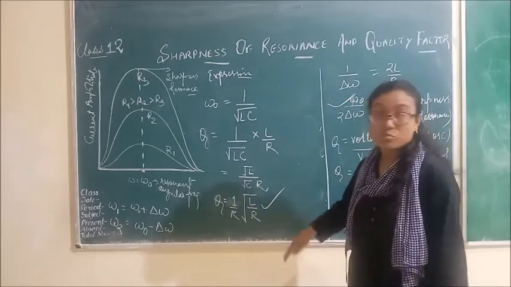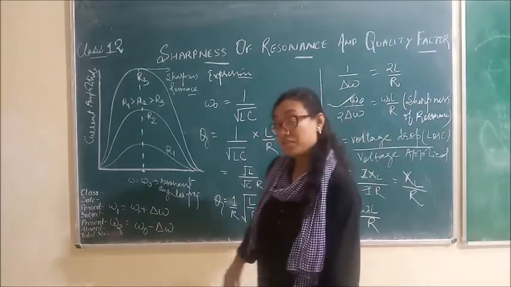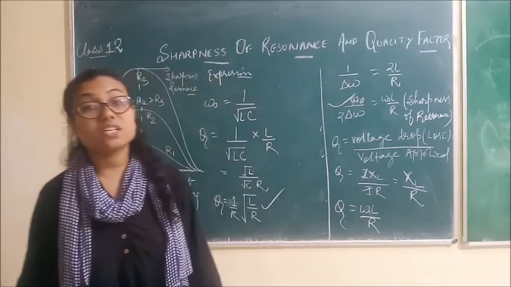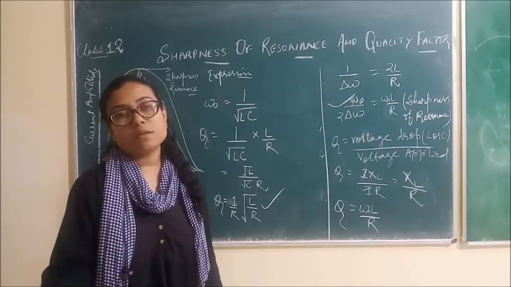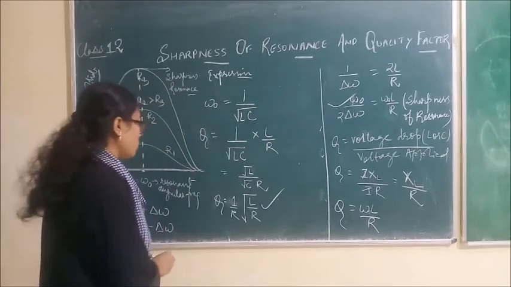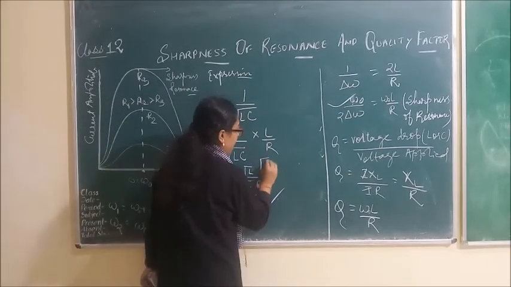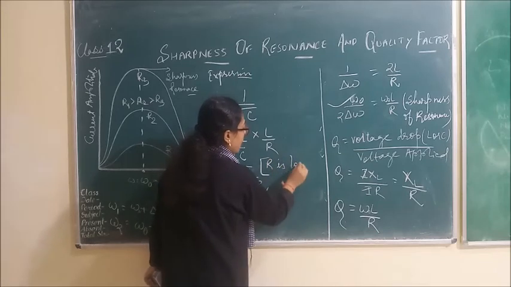तो quality factor तुम्हें कब ज़्यादा मिलेगा? When you will get the quality factor high, first we will take it in terms of resistance. When R is low. High कब मिलेगा?